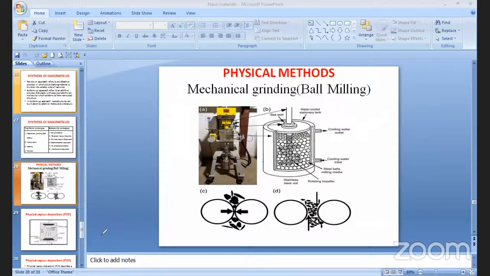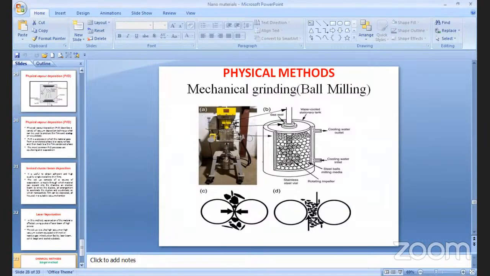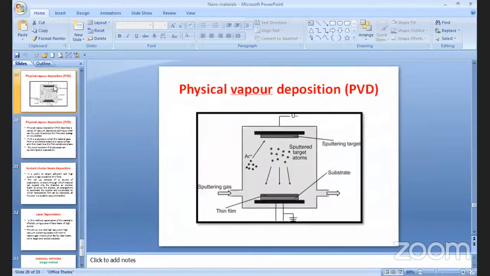Next, we'll move to another method of synthesizing nanoparticles, which is the physical vapor deposition method.